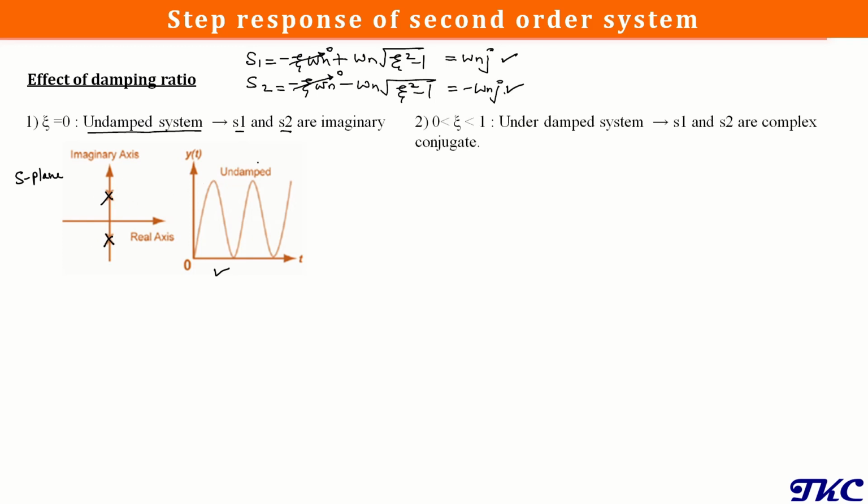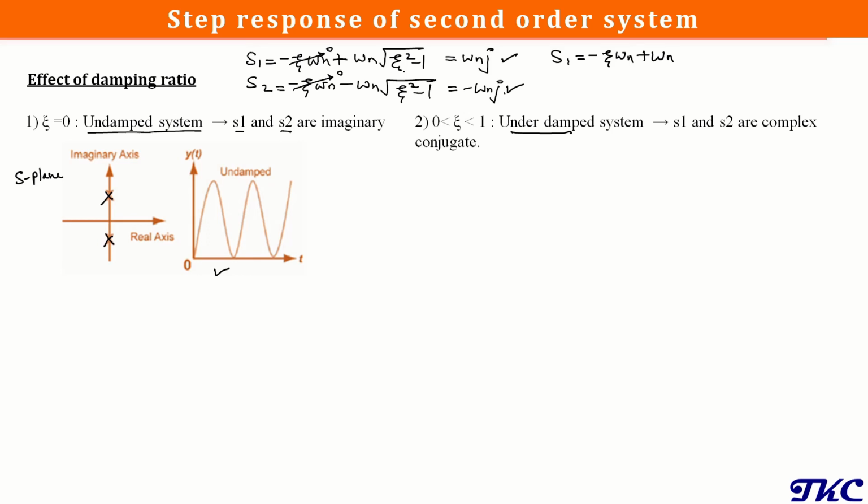In the same way we can have zeta lying between 0 and 1. That kind of a system is called an underdamped system. So in that case, what is going to happen? Let's see. We will have some value of zeta, so for that case we will have S1 equal to minus zeta omega n, plus omega n as it is, and now here the zeta value is lying between 0 and 1.